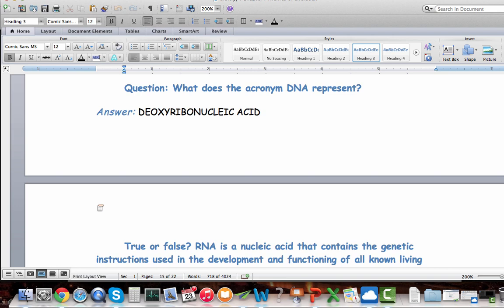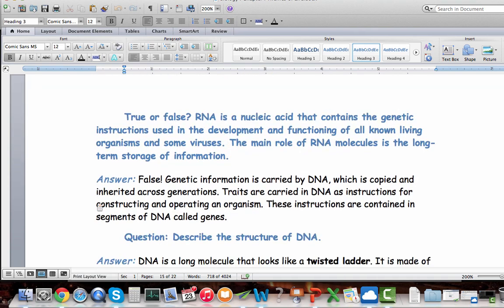What does the acronym DNA represent? Answer: deoxyribonucleic acid. Question: true or false? RNA is a nucleic acid that contains the genetic instructions used in the development and functioning of all known living organisms and some viruses.